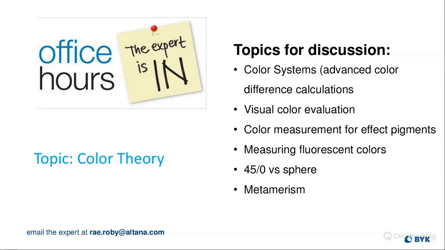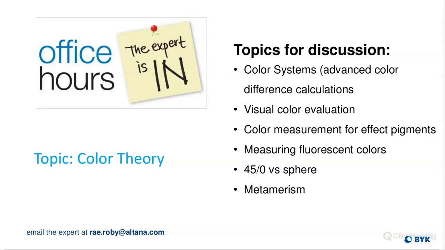So if I'm measuring with D65 and you're measuring with A, we're going to get different numbers. And also, if you use different equations and you're not using the same color system, that's going to change how your numbers look.